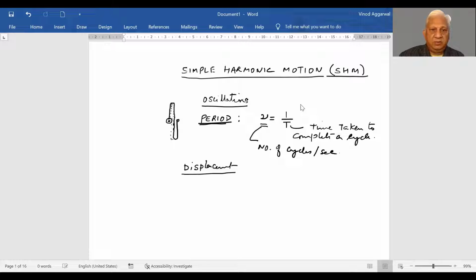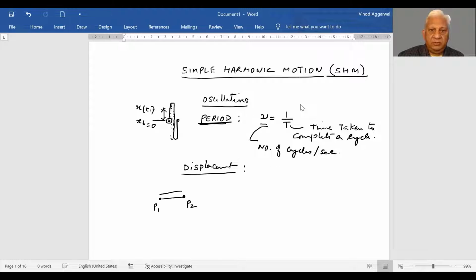Now there is another term called displacement. We have seen earlier also, there is a particle P here, and if it moves to another position P2, the straight line distance between the two is called the displacement. Similarly, in an oscillating particle, let us say a particle starts from here at t is equal to 0, and it reaches here at any time t1, then this distance covered is called displacement.